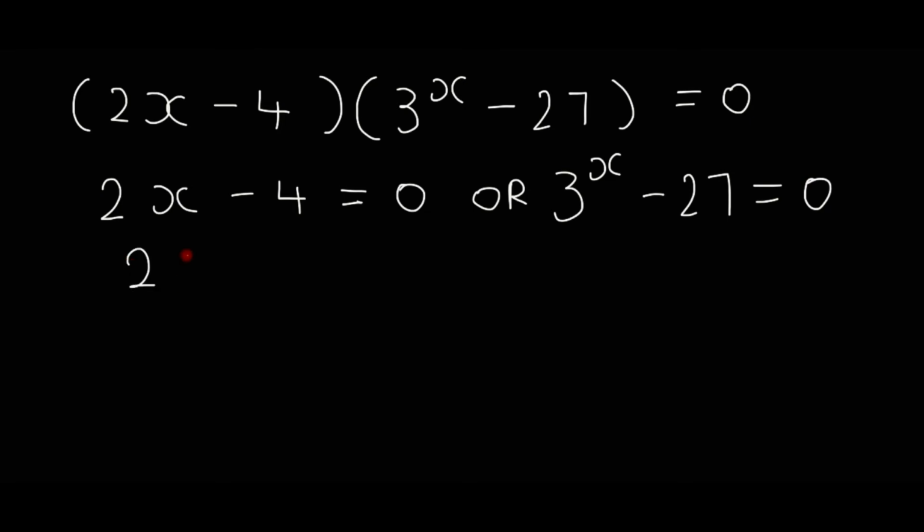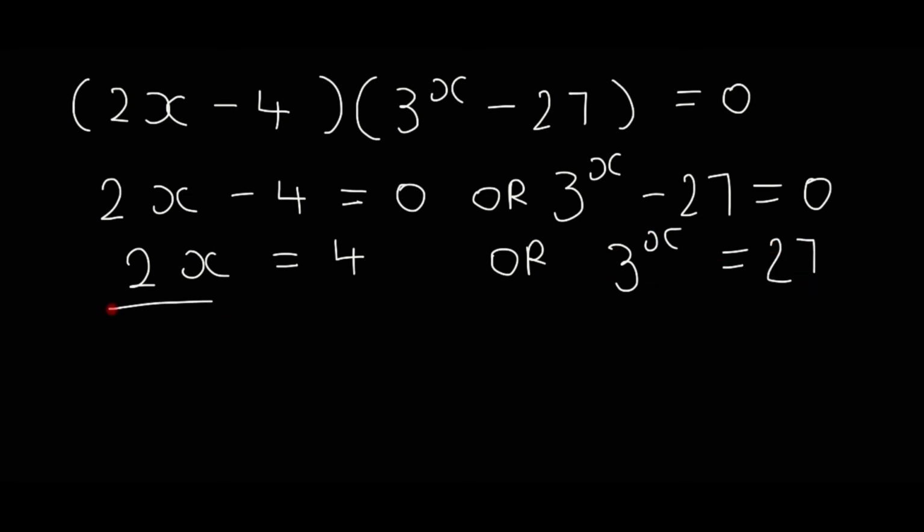Therefore 2x is equal to 4. This minus 4 can move to the other side, and as for this one, 3 to the exponent x is equal to positive 27. Because it is x, we divide both sides by the coefficient, so this one and this one cancel. Therefore x is equal to 4 divided by 2, which gives 2.